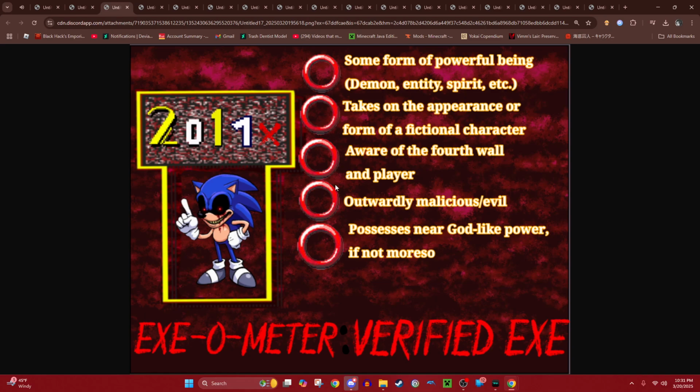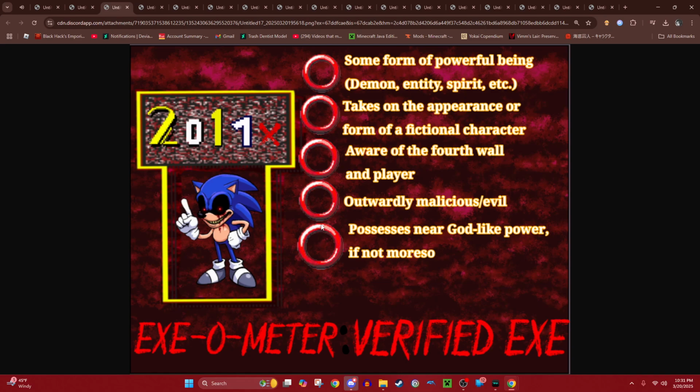These are the 5 red rings. This is my sort of password strength system. How this works is the amount of rings that are attributed to these 5 present traits, then they are very much likely to be an EXE. Like if you have all 5 of these rings, then you are more than likely an EXE.